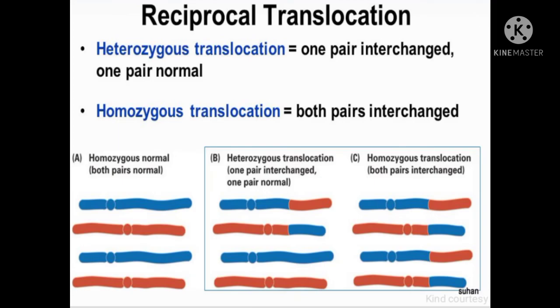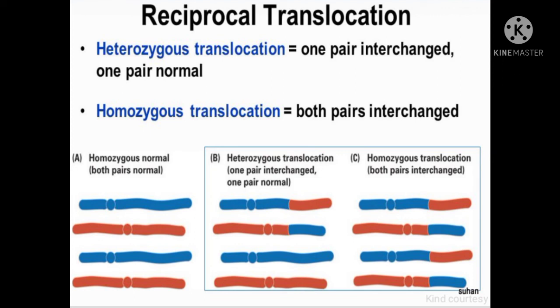In a reciprocal translocation, there are two types, the heterozygous translocation and the homozygous translocation. In a heterozygous translocation, one pair is interchanged and one pair is normal, while in a homozygous translocation, both the pairs are interchanged.